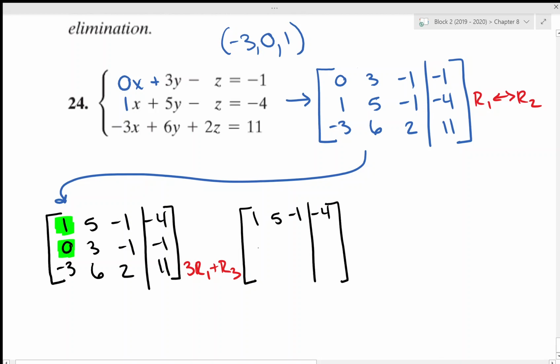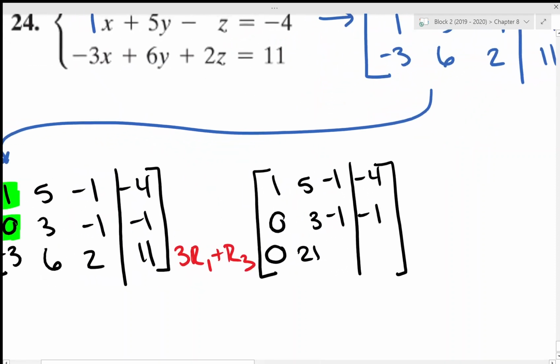Keep row 2 the same. And now I'm going to get 1 times 3 is 3, plus negative 3 is 0. 3 times 5 is 15, plus 6 is 21. And negative 1 times 3 is negative 3, plus 2 is negative 1. And then negative 4 times 3 is negative 12, plus 11 is negative 1. So I got my 1 with my zeros.